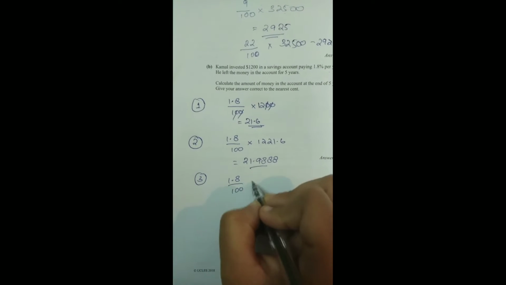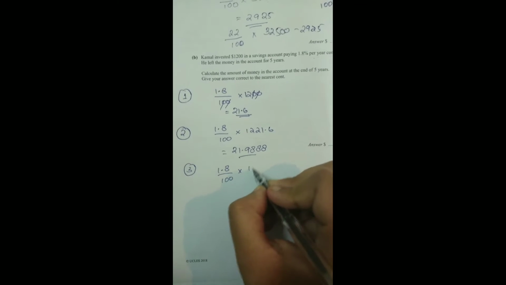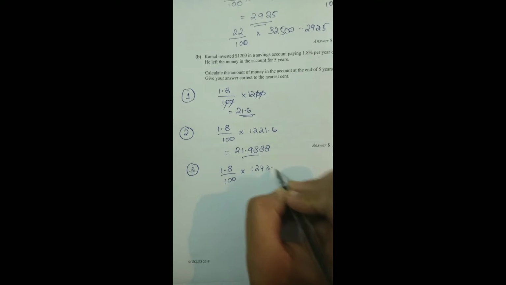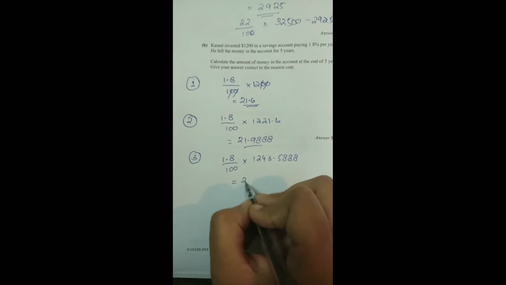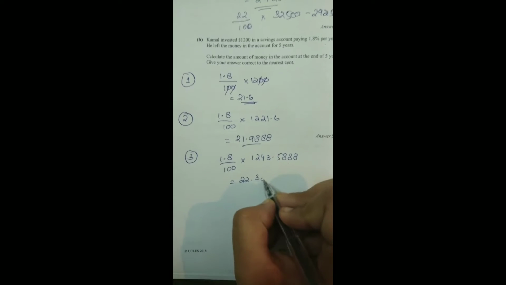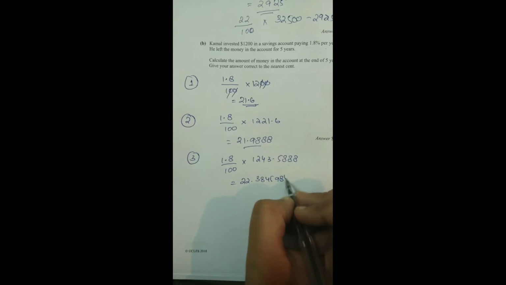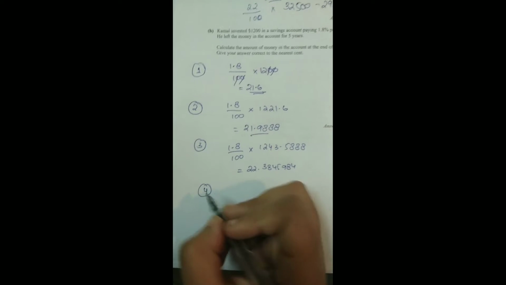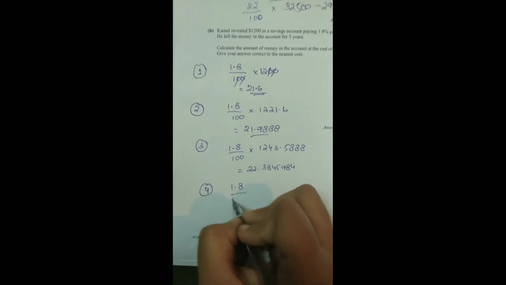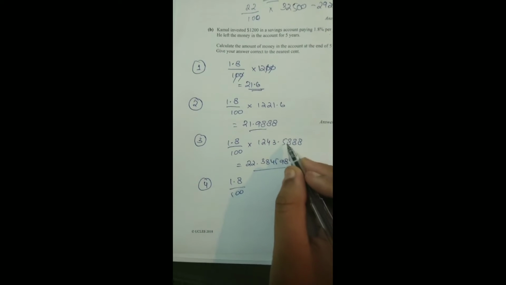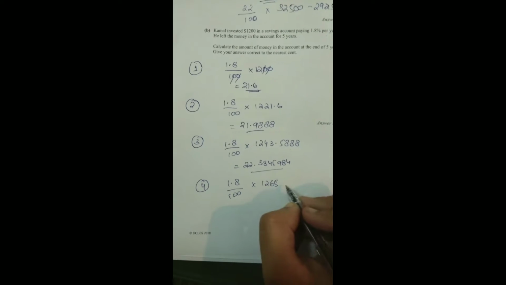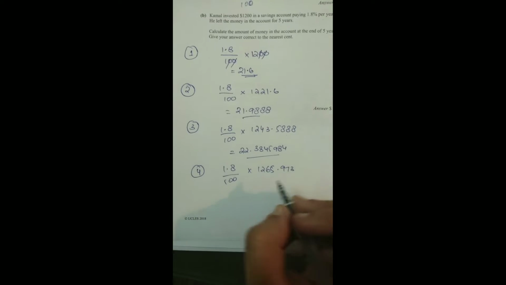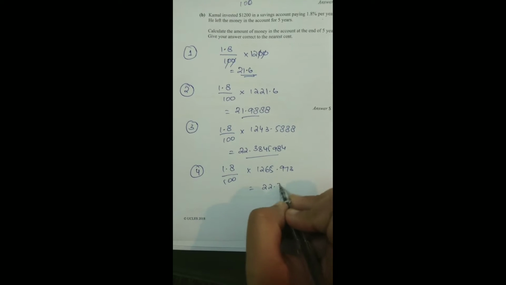1.8 over 100 into 1243.588 is equal to 22.3845984. Fourth year, it would be 1.8 over 100, this would be added into this, that would be 1265.973, that will be 22.878.